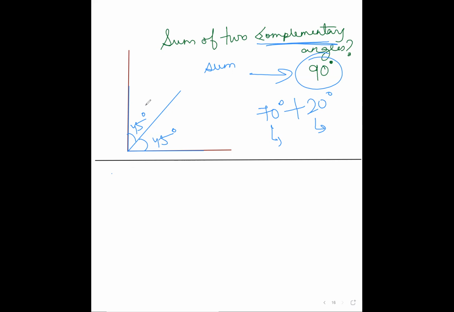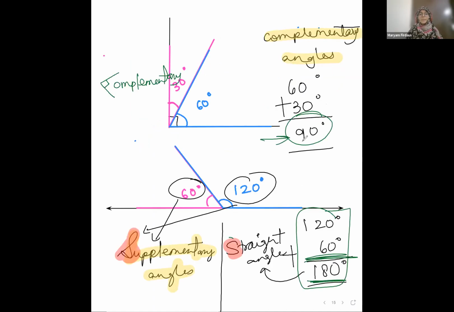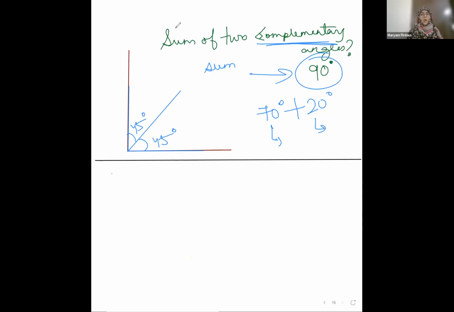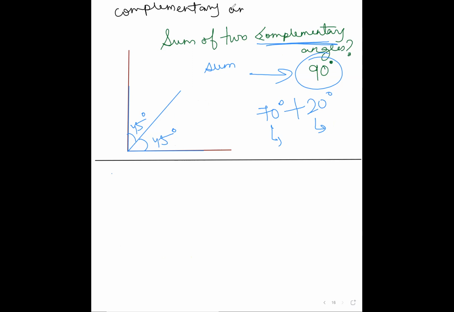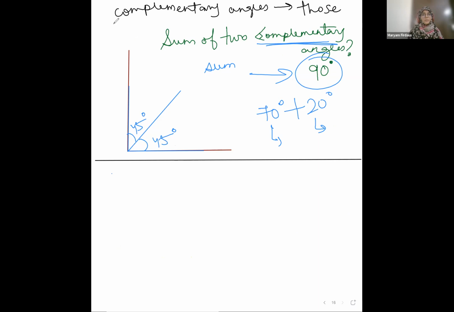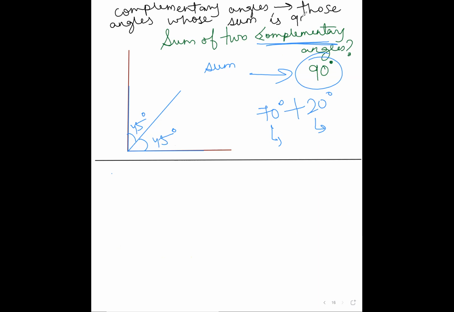What does complementary mean? I just told you, right? Complementary angles are those angles whose sum is 90 degrees. So if the question is can two acute angles be complement to each other, can we take the angles as any number less than 90?